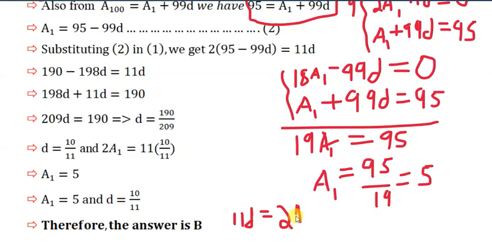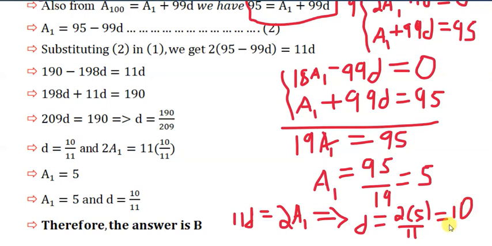This implies d is equal to 2 times 5 over 11. Divide both sides by 11. It gives us 10 over 11. That is the right answer.